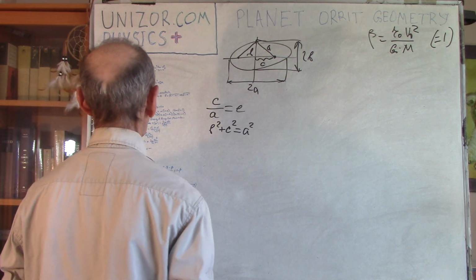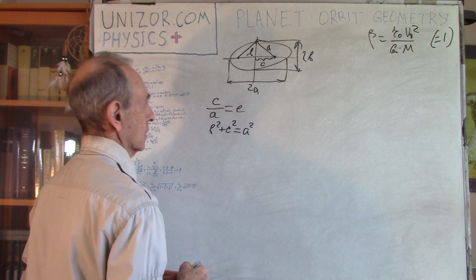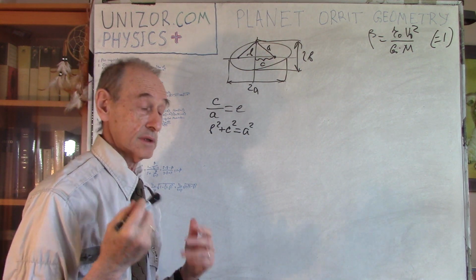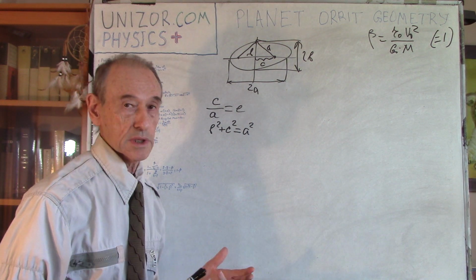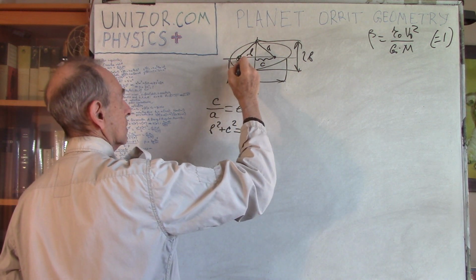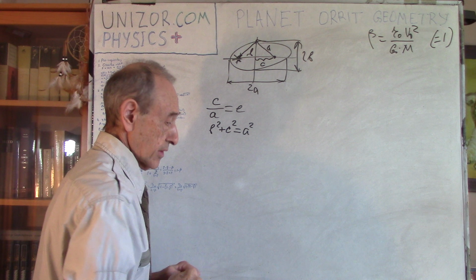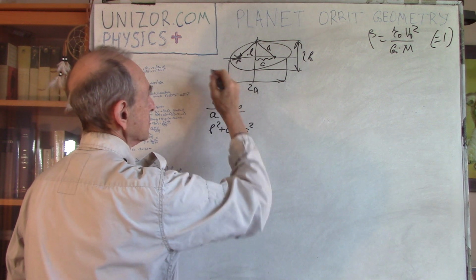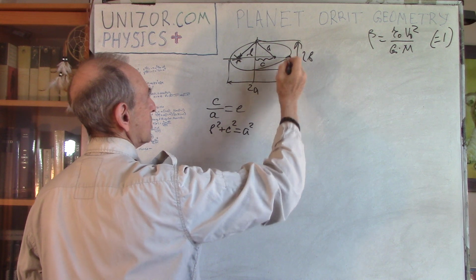All right. So, first of all, which point to take? Well, we know from Kepler's first law that the planet goes around the sun on an elliptical orbit, and the sun is supposed to be in one of the focal points. So let's say this is the sun. Now, it's very convenient to choose as the initial point one of the good points on the ellipse. The good points are something like this, for example.